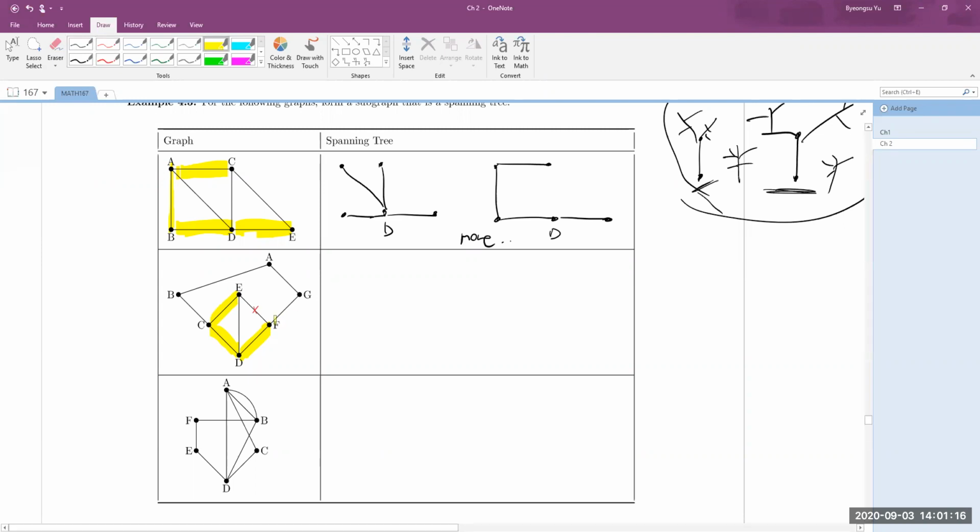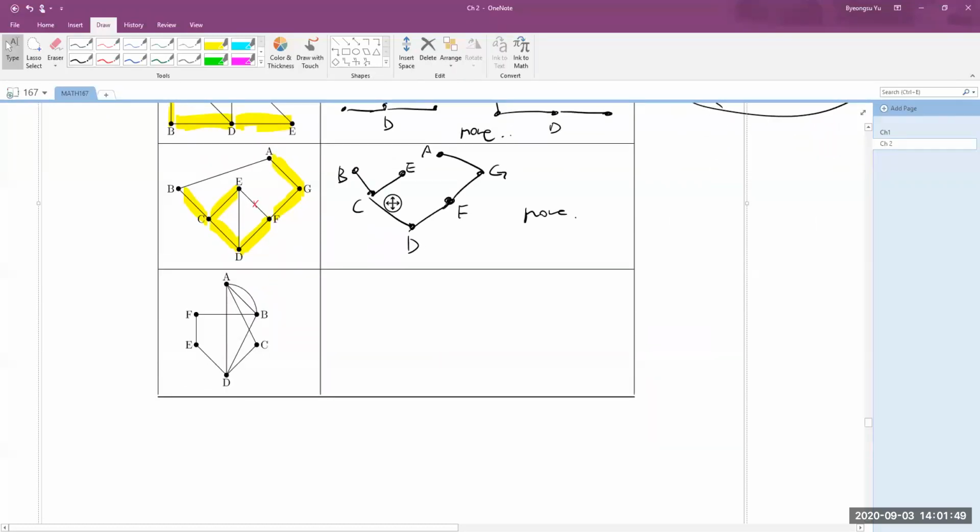Instead, I can choose FG. Also, I can choose BC, and I can choose AG to connect all the vertices, right? So one of the possible spanning trees looks like here, right?